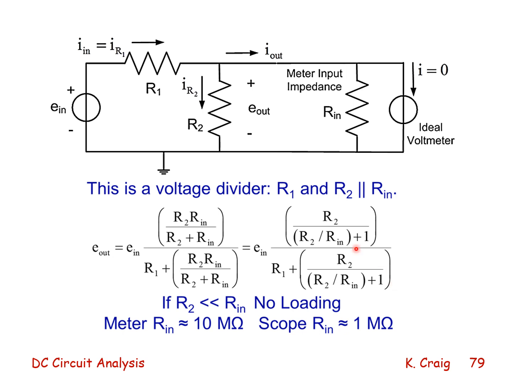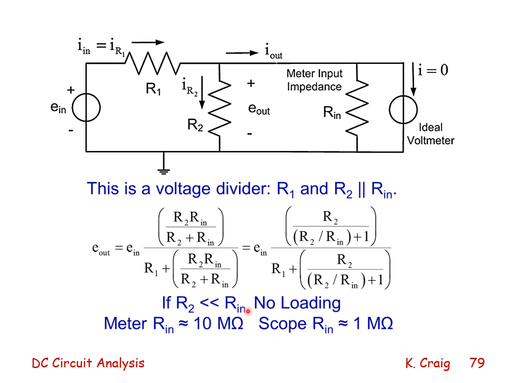If I note that R2 is much, much smaller than R in, then that essentially tells me that there is no loading and I out is essentially 0. Then I get my ideal voltage divider equation.